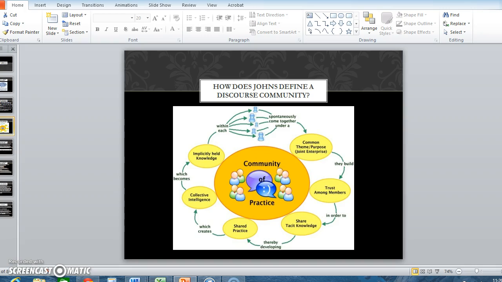This is the same for people that are in discourse communities, and in fact, the longer they're in those discourse communities, the more that knowledge becomes implicit. It just becomes a part of them.